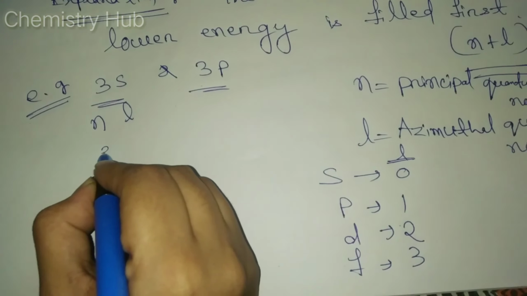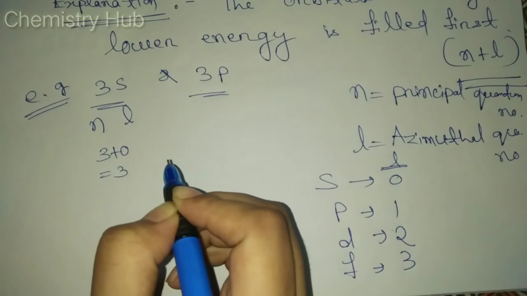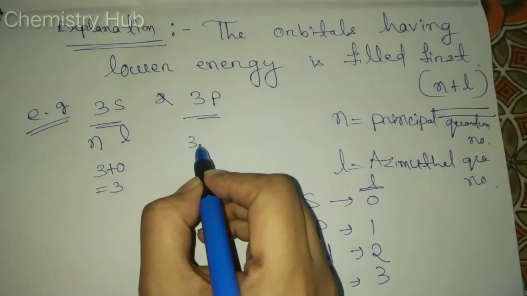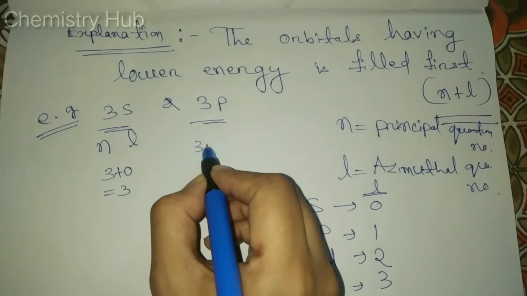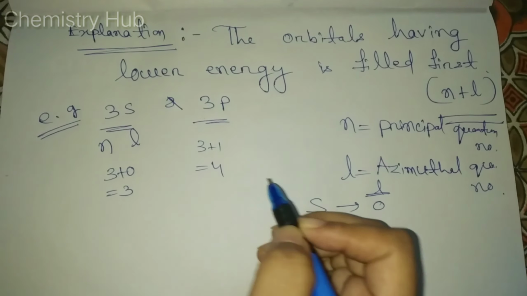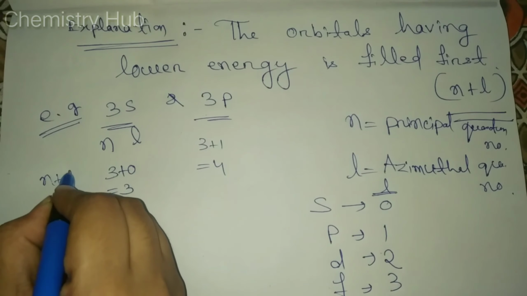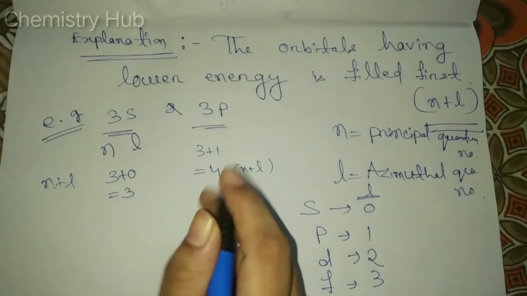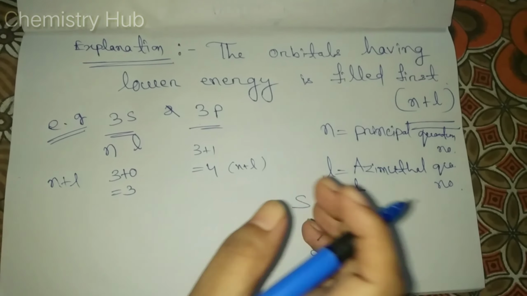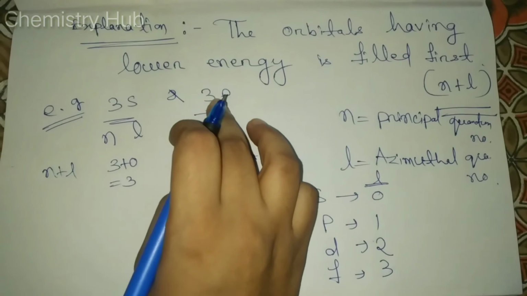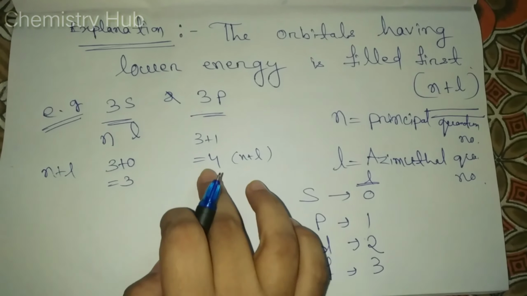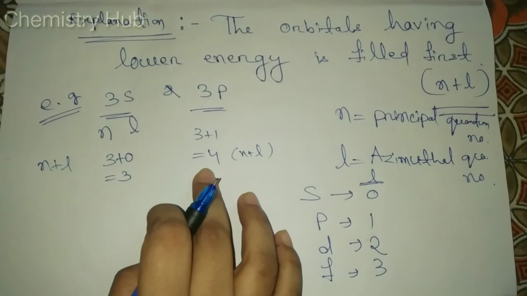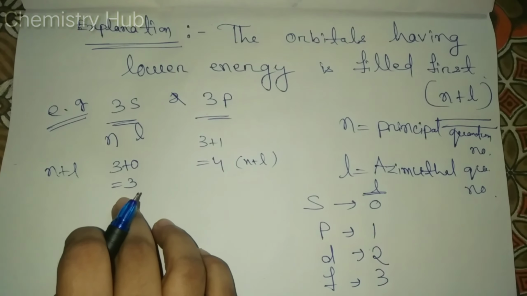So here 3 plus 0 is equal to 3. And for 3p, the value of n is equal to 3 and the value of l for p subshell is 1, so n plus l is equal to 4. Here n plus l equals 3 and here n plus l equals 4. So I came to know that as the n plus l value of this subshell is 4, it is higher than this.